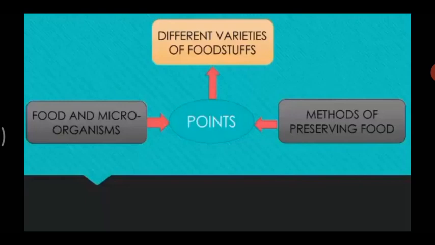That is, seasonal fruits and vegetables are available in the market and accordingly we consume them. We also have to learn how we can preserve food and which different methods are used to preserve it.